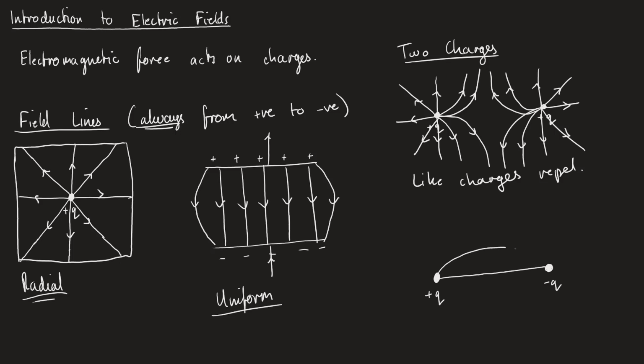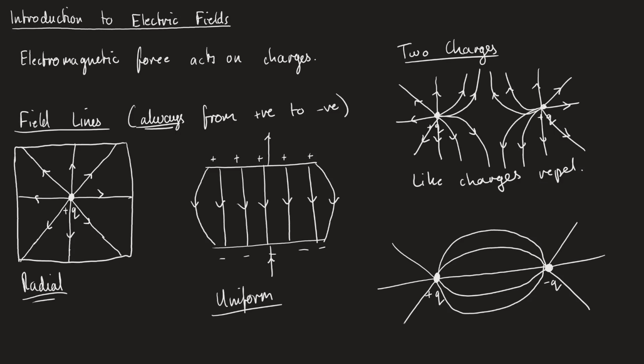We're going to have this kind of effect where the field lines want to attract these two together, and then we'll end up with some excess field lines that are pointing in the other directions. And now all the field lines have to go from positive to negative, so these are going away from the positive towards the negative. And this is when we have opposite charges, because they attract each other.